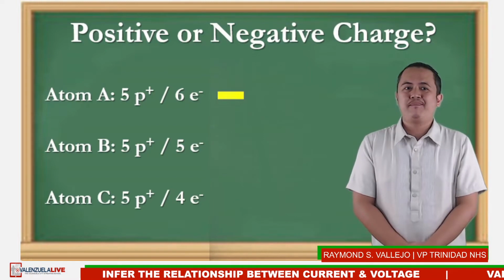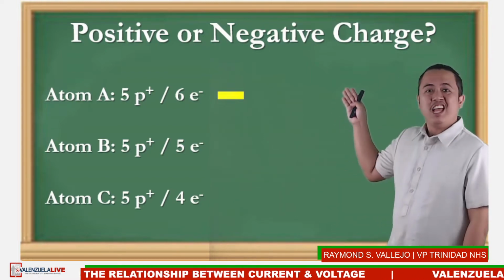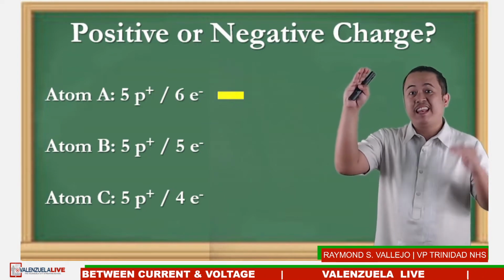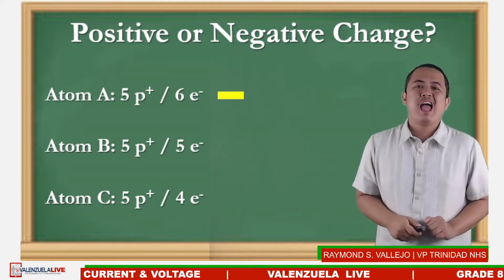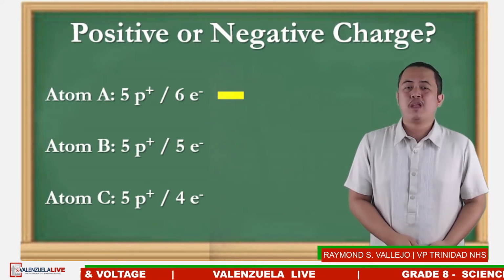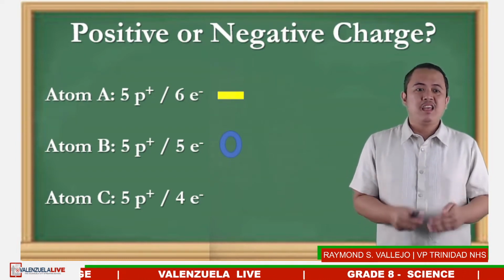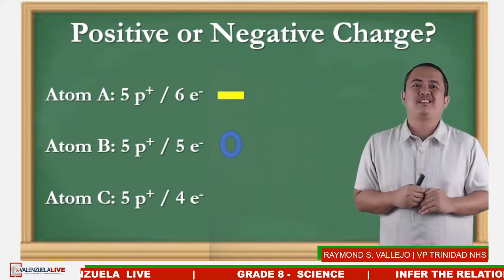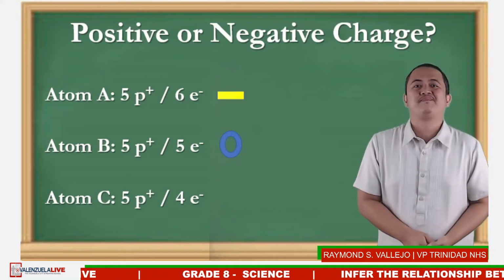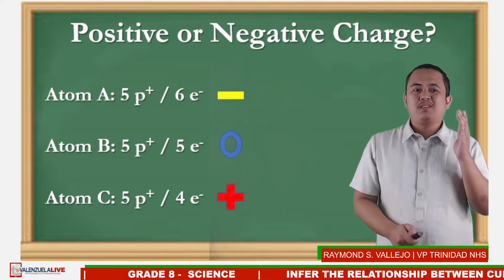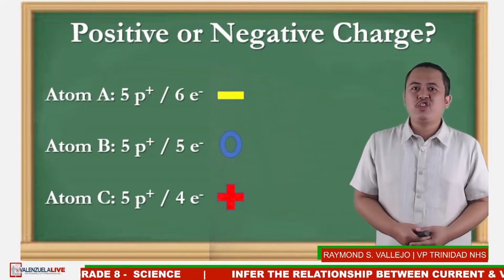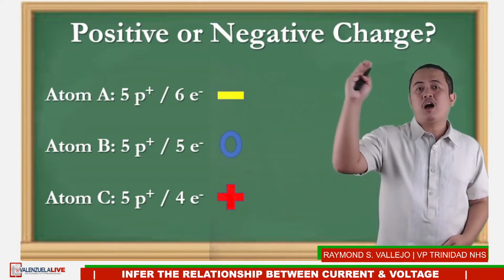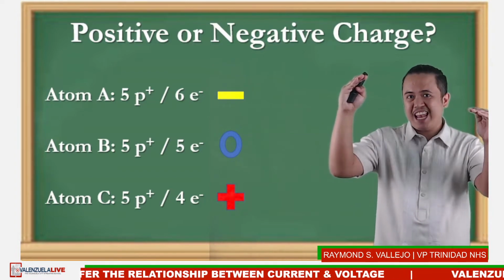Atom A is negatively charged because it has more electrons than protons. Atom B is neutral since it has an equal number of protons and electrons, so it has no charge. And then atom C is positively charged because the protons are more than the electrons.